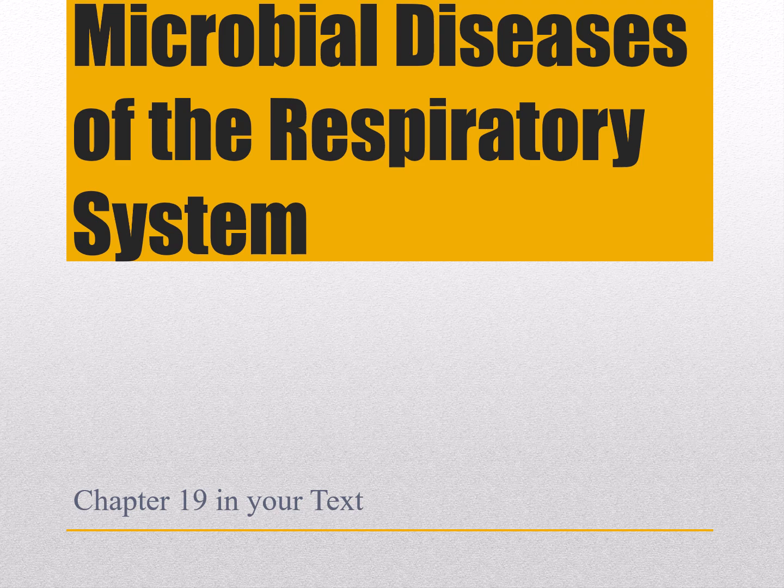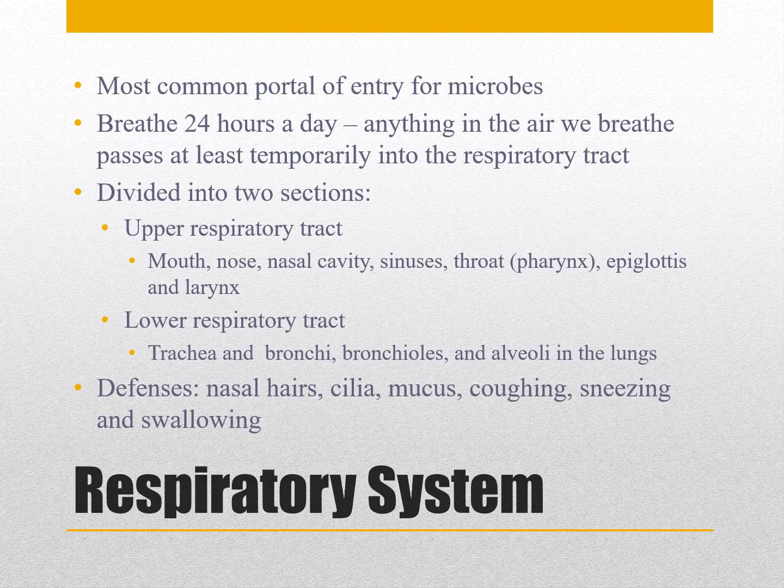So here we go. Remember that in Unit 3 we talked about how the respiratory system is going to be that primary portal of entry because we're constantly breathing. Obviously, we have to. So this is going to be the main way that microbes get into our system.